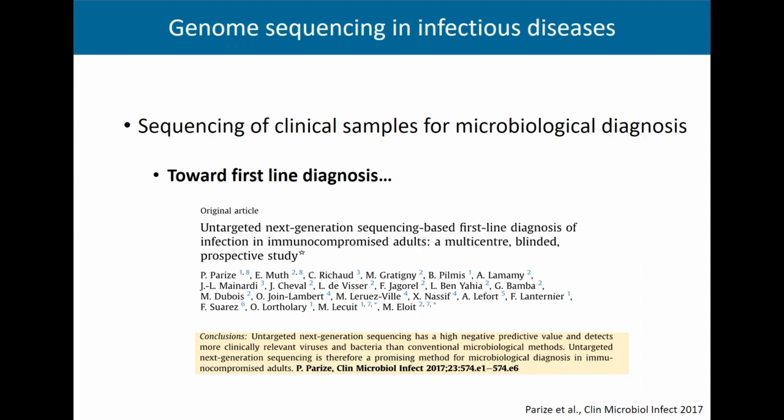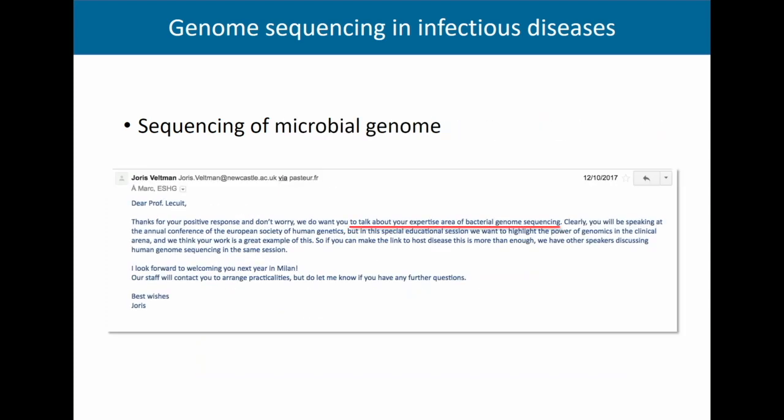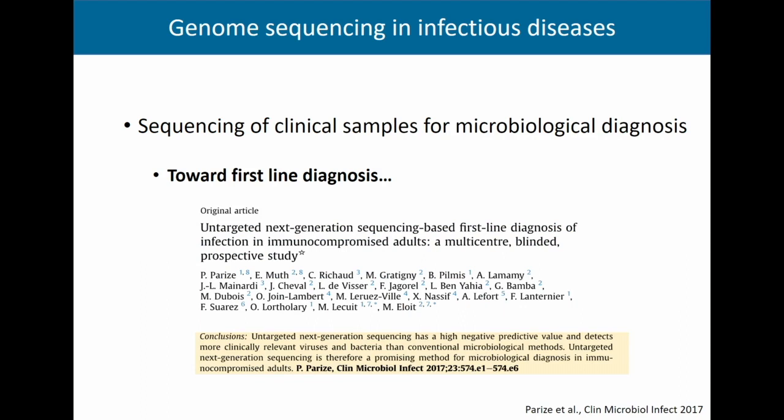My colleague Marc conducted a clinical trial where we compared the classical microbiological approach to detect infection with NGS from a blood sample taken at the time of the symptoms in patients who were suspected of infection.